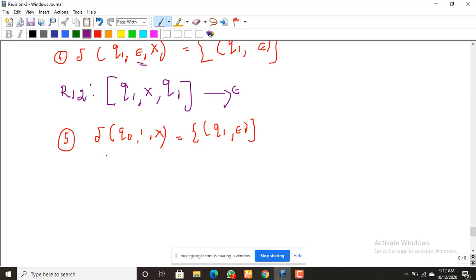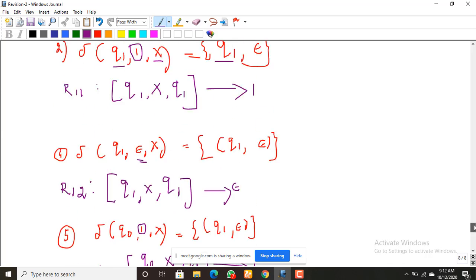So production rule 13 is equal to Q0, this x and this Q1, which gives in between 1.